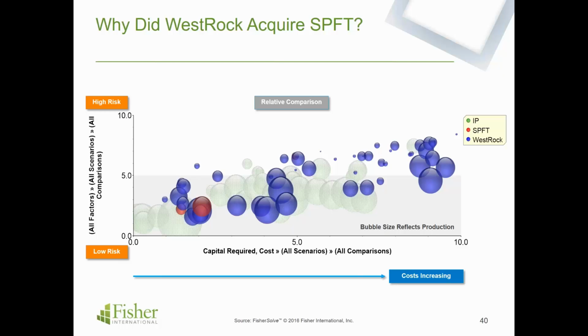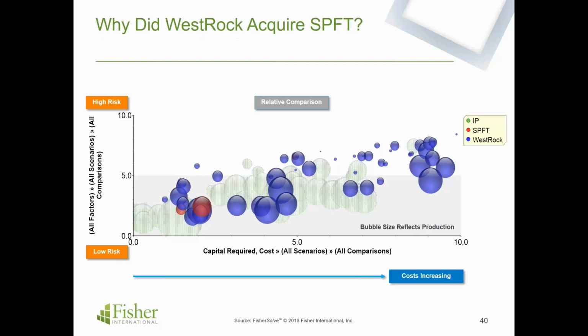In this comparison I'm comparing capital and cash costs combined against all factors, so I'm putting more weight on cost structure in this competitive comparison, and SPFT was very competitive in both ways, so a good addition to Westrock's fleet.